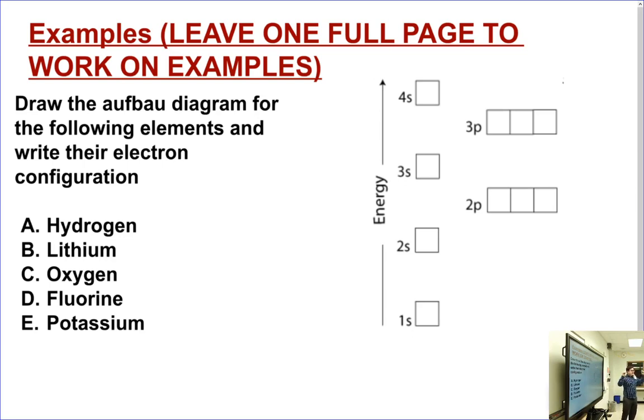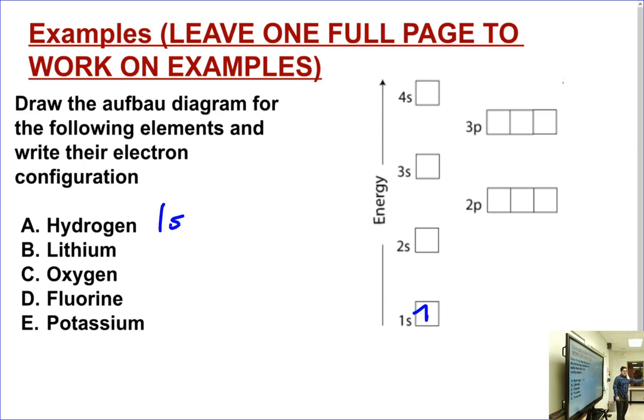You ready? So look at hydrogen. How many electrons does hydrogen have? 1. That's it. 1 electron, we're done. How do you write the electron configuration for this? We write 1s.